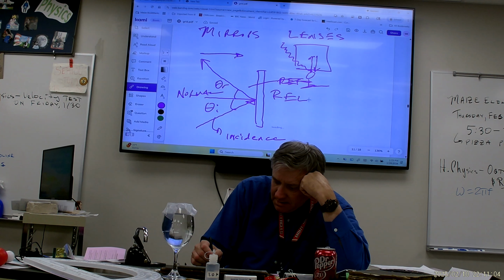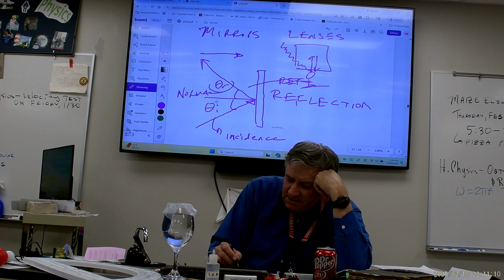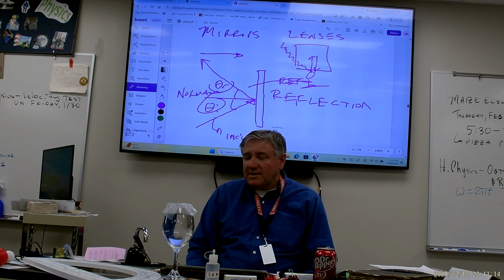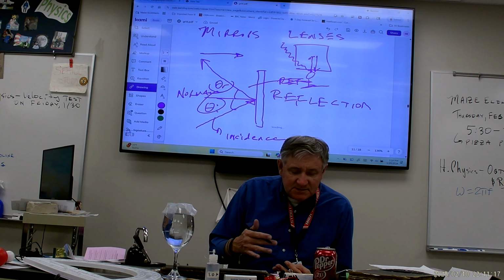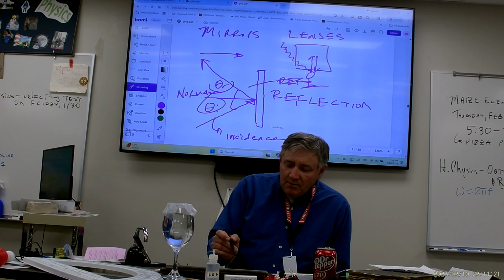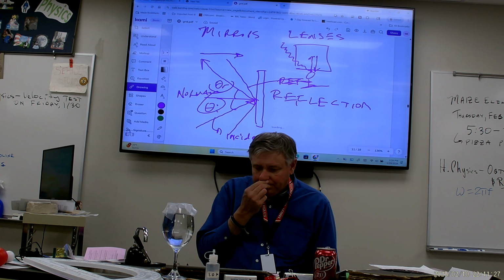Now, if you are on a flat mirror, these two angles are symmetrical. That makes the math easy. So the angle of incidence is going to equal the angle of reflection. The bigger the incoming angle is, the bigger the reflected angle is going to be.